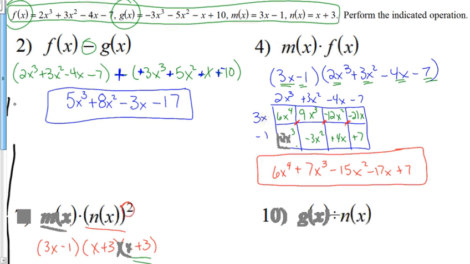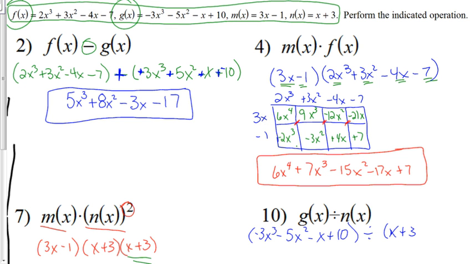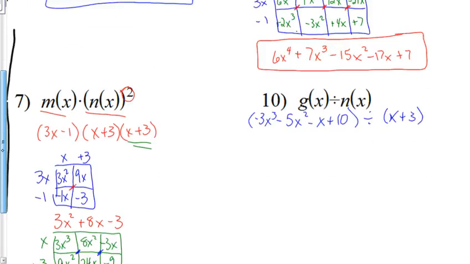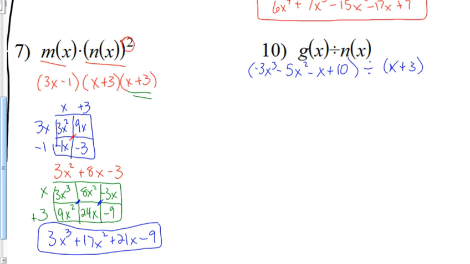This one says g of x divided by n of x. So I have negative 3x cubed minus 5x squared minus x plus 10 divided by x plus 3. Now for division, you learned about synthetic division, which puts the 0 in the box up here.